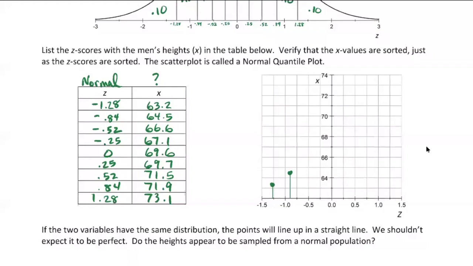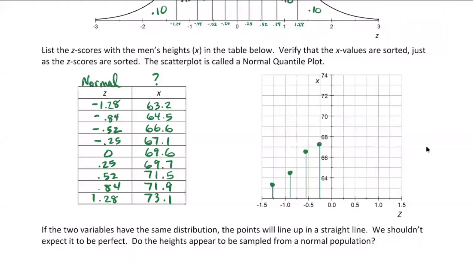Now the next one's negative 0.52 and 66.6. So this is 66, right there. A little curvature there. Next one, negative 0.25 and 67.1. Maybe there. It's not a perfect straight line, you see.